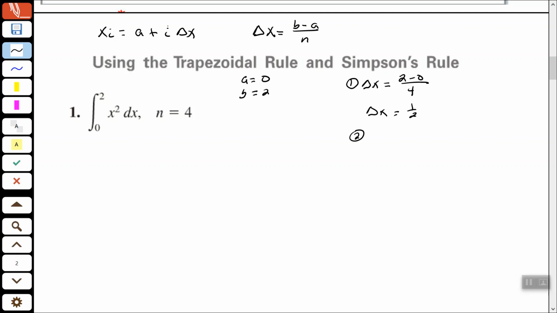We're going to do that by using our x sub i here. So x sub i is equal to a plus i times delta x. Therefore, x sub 0, and we always start with 0, and we have four intervals, so we're going from 0 to 4. X sub 0 is equal to, and we know that a is 0.